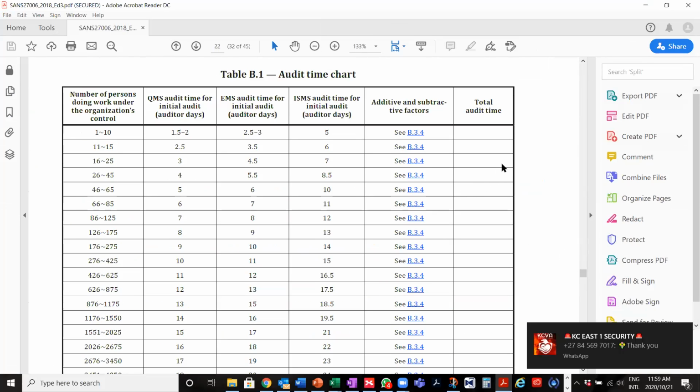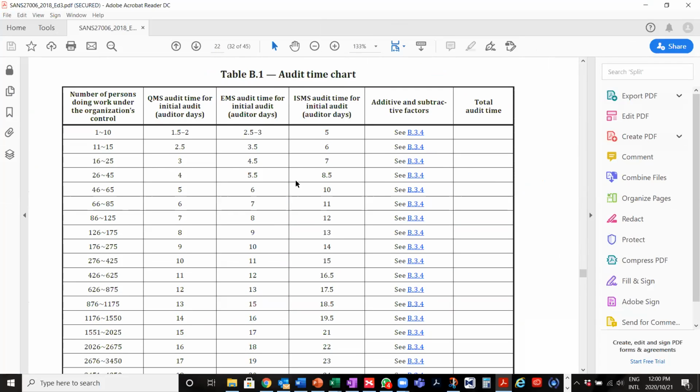There you are. So if we're looking at this audit time chart, if I'm saying there's 1 to 10 people, then for a quality management system, that is ISO 9001, it is between 1.5 to 2 days.